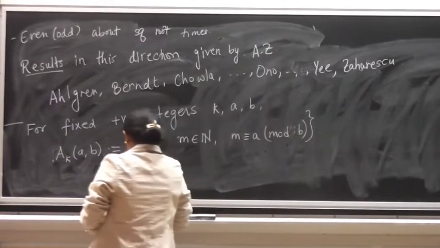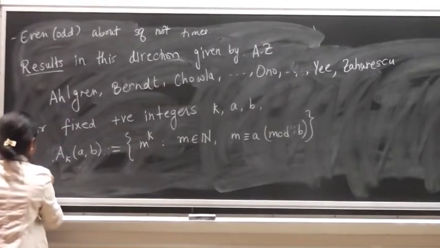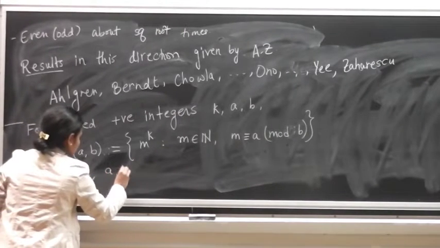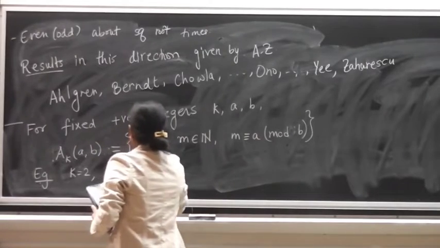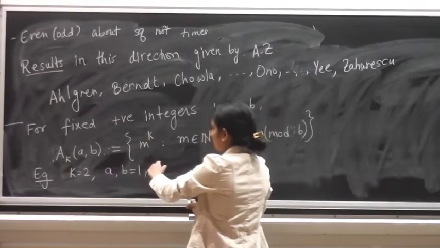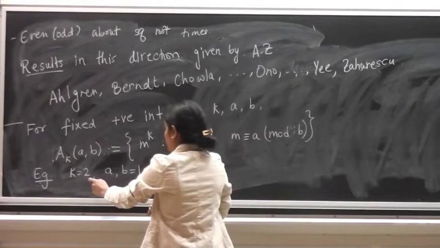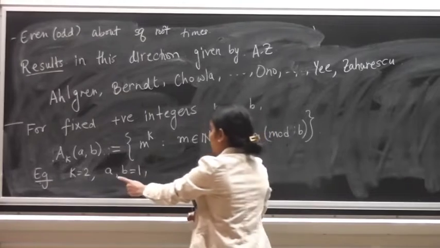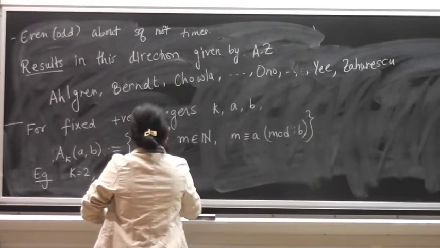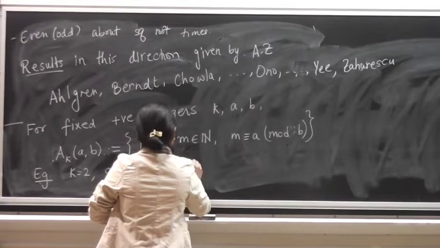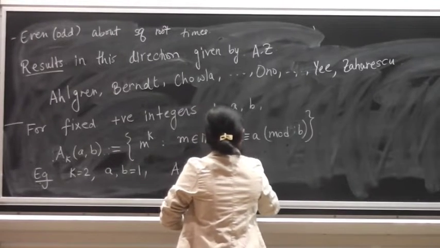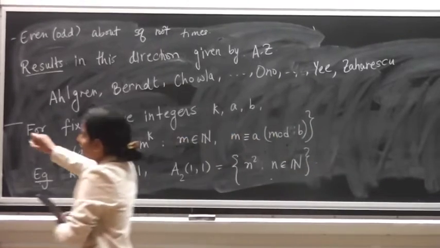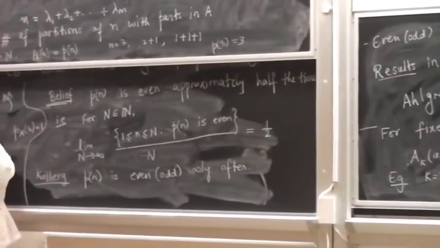Okay, so let's look at these examples. In particular, when you take k to be 2, and a and b to be 1, then what you are saying is that you are interested in partitions with parts coming from the set which has squares of natural numbers, because a and b are equal to 1. So in that case, your A(2,1,1) is the same as the set of n squared, and that's exactly this example that we considered.